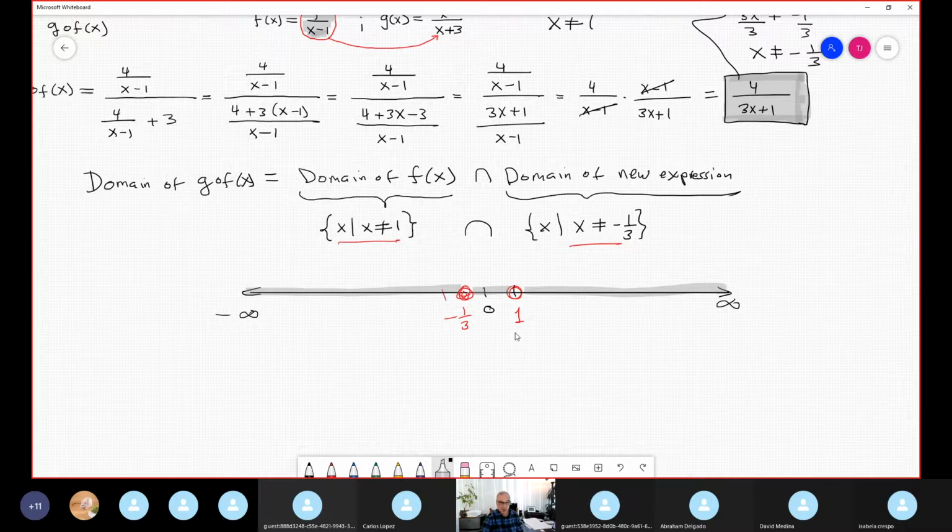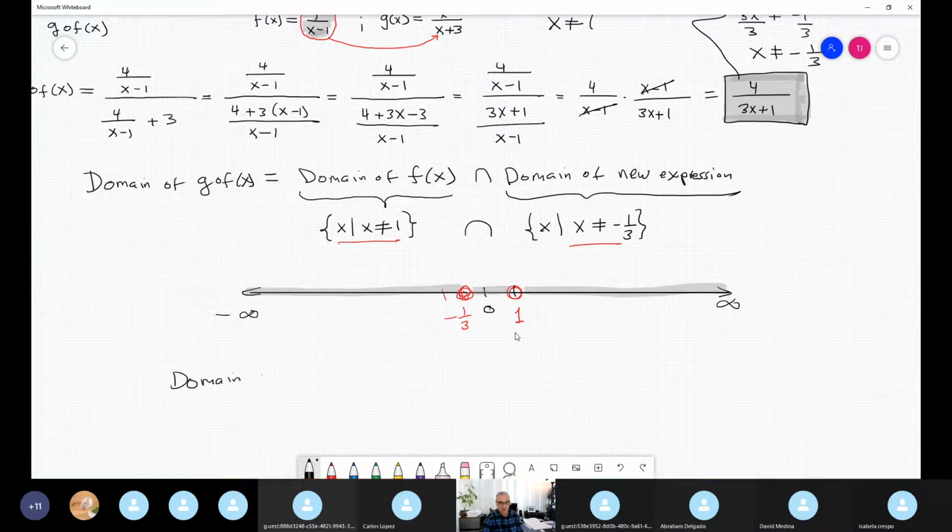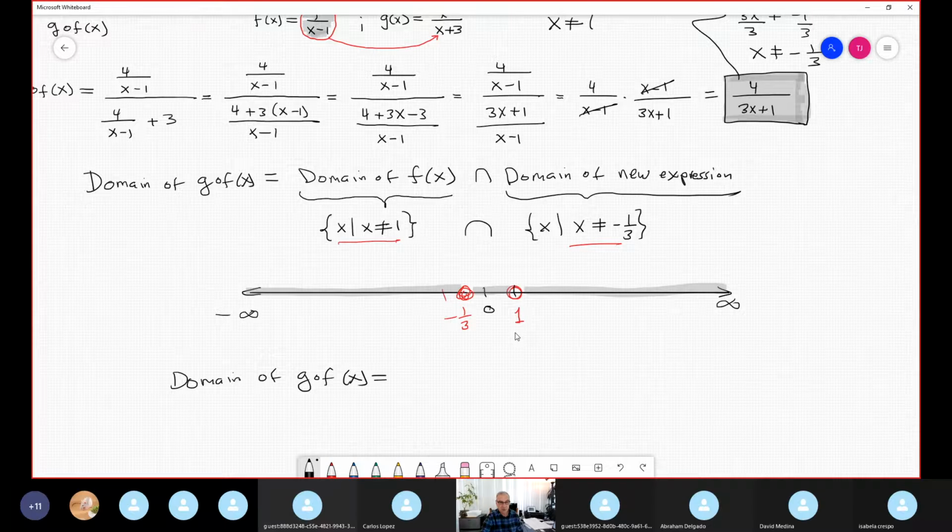Okay, so what is the domain? What is the answer? What is the domain of G composition F? Well, we have 1, 2, 3 intervals. So the first one is from negative infinity, comma, negative 1/3, not including negative 1/3, it's a bad guy.